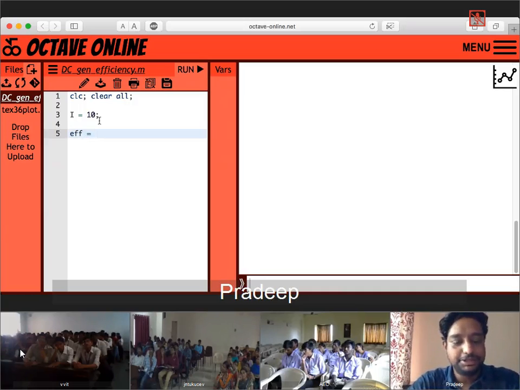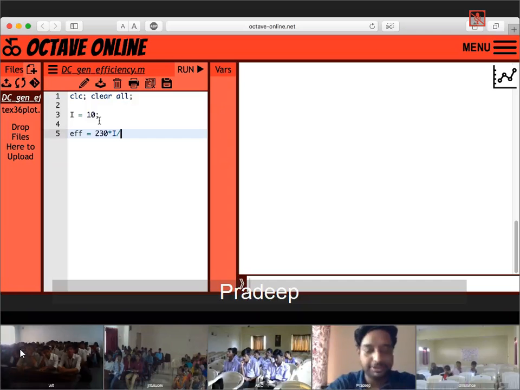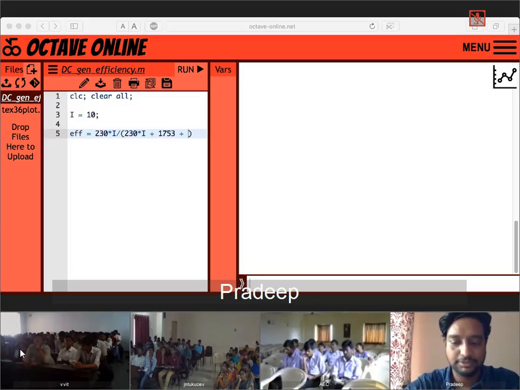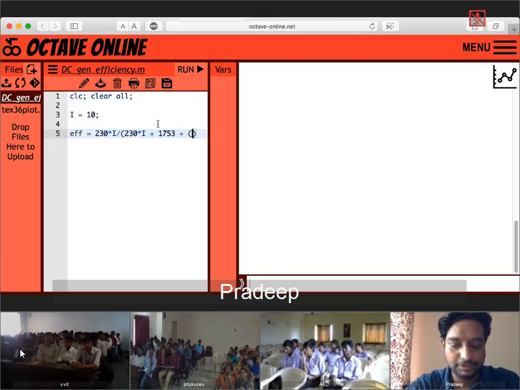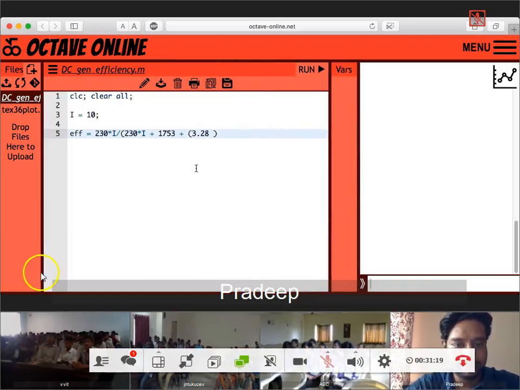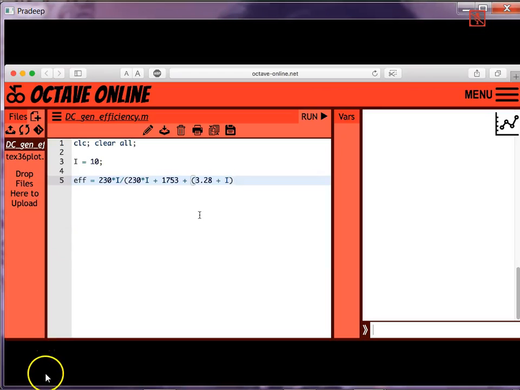EFF equal to, so already we worked out the formula: 230 into I divided by 230 into I plus 1753 plus, I'll once again open the brackets, 3.28 plus again I, this to the power of 2 multiplied by 0.08.